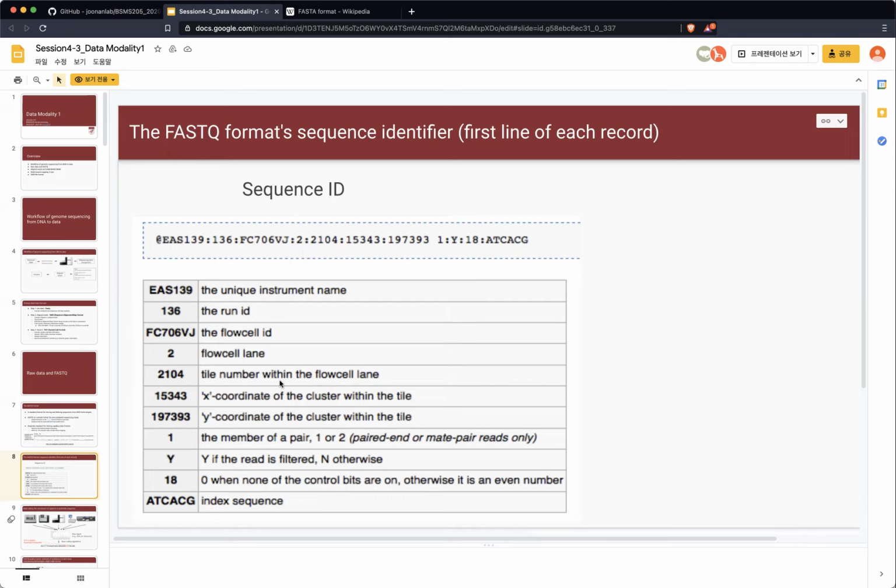Okay, and the tile numbers within the flow cell lane, or the XY coordinates from the tile, are all information about the physical position in the flow cell.